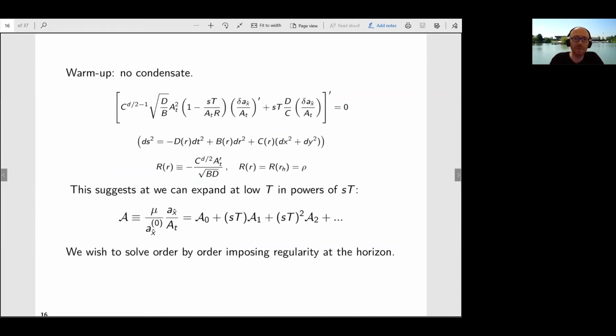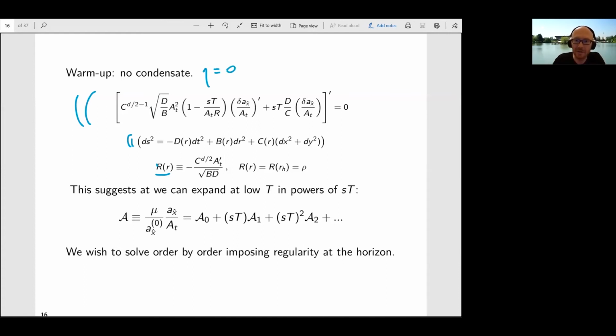Let's do a warm-up without a condensate first. So this is the delta A_x equation. It looks slightly complicated. You don't need to worry too much about all the terms. This is my convention for the metric. This capital R is simply the electric flux at some radial hypersurface in the bulk. And because I have no condensate right now, I've turned it off for the time being, so eta equals 0 for now.